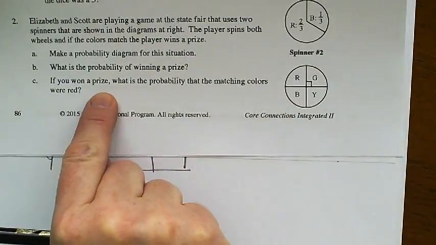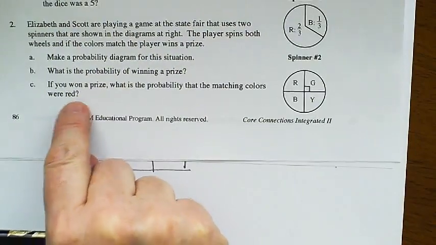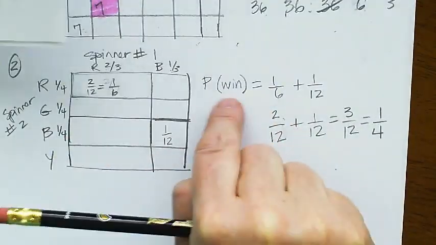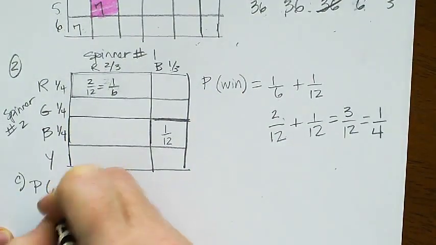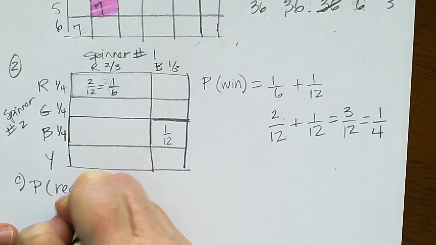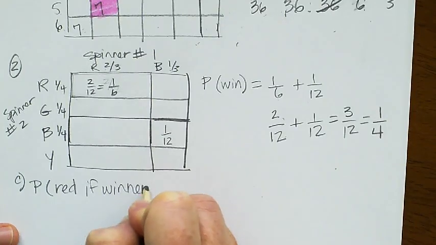If you won, what's the probability that the matching colors were red? So they're saying only look at the condition of winning. So for part C, you're looking at the probability of red if you are a winner.